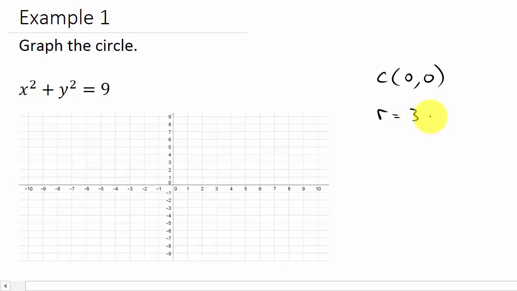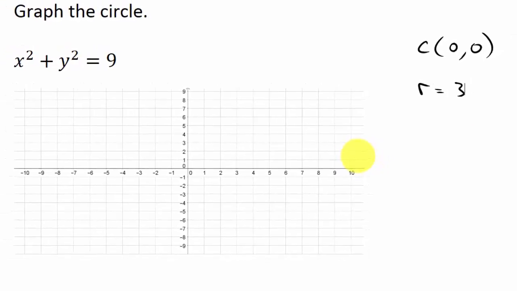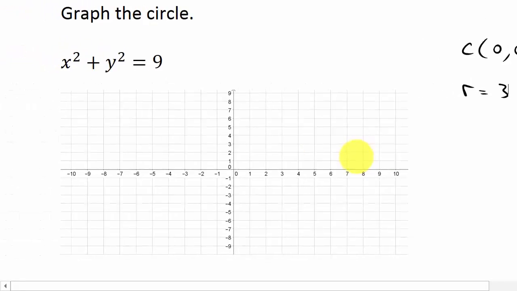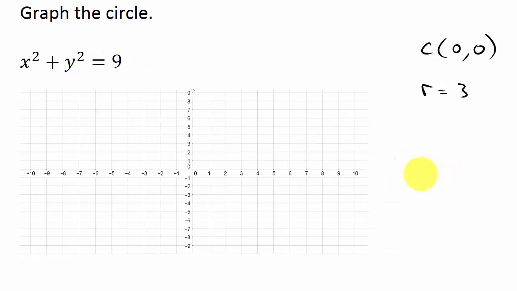Alright, so now let's look at graphing. See if I can make this a little bit bigger. Alright, so hopefully that's a little better. To graph this, we need to plot the center, which is (0, 0). And then I need to draw a circle that's 3 units all the way around.